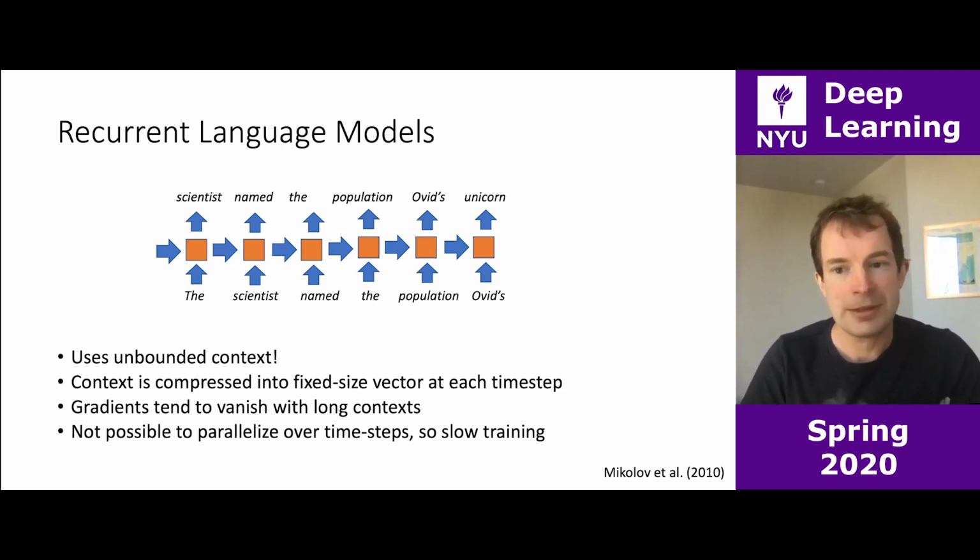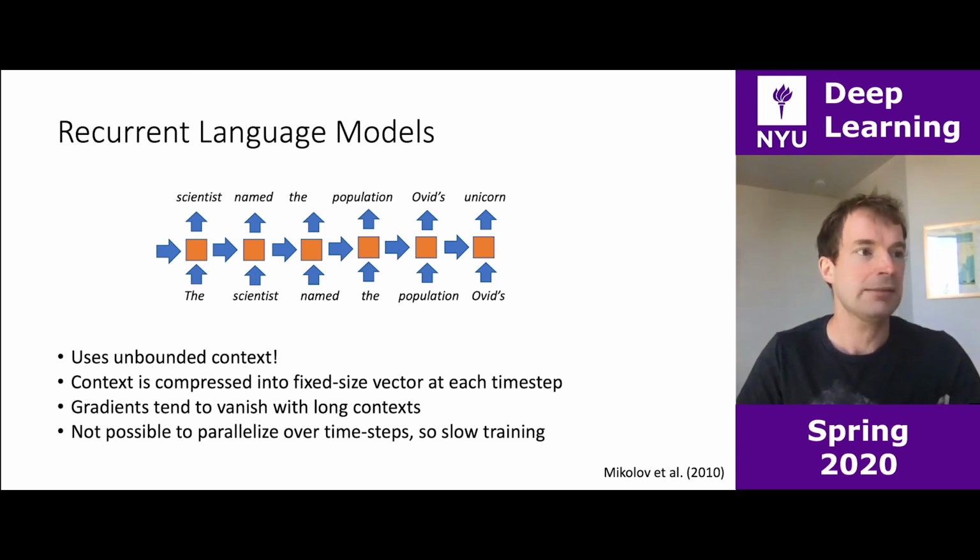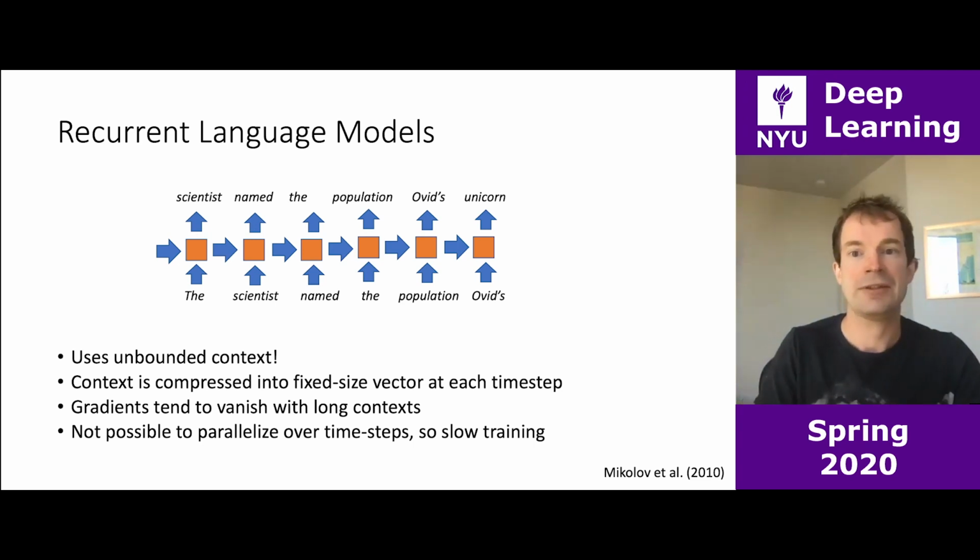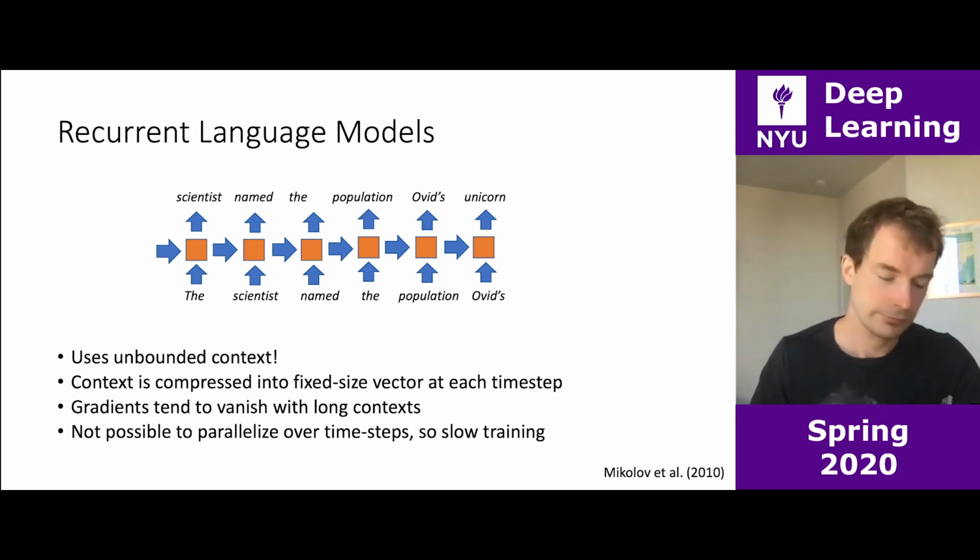One final issue I want to mention with RNNs is that they're actually quite slow, particularly for training. The reason is that in order to build your state for a particular word, you have to have built your state for every previous word first.